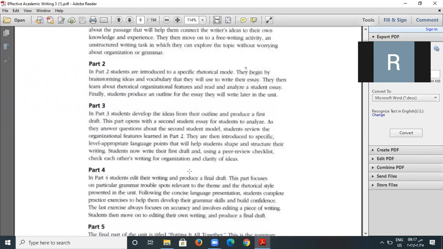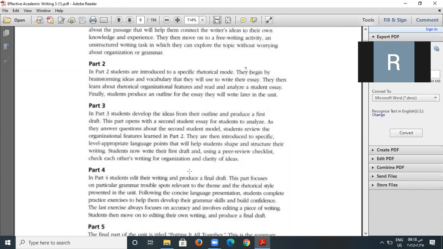The next chapter is chapter 4. In this chapter, students will edit their writing and produce or write the final draft, before handing in the draft. So in this part, students are trained to edit their writing and write the final draft.